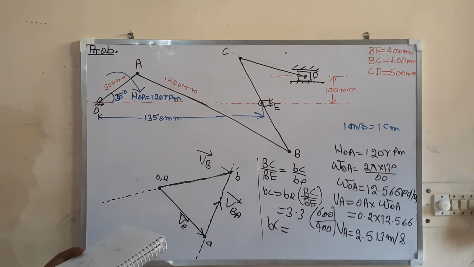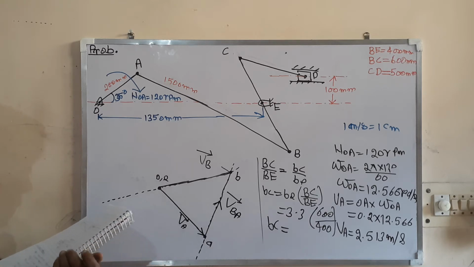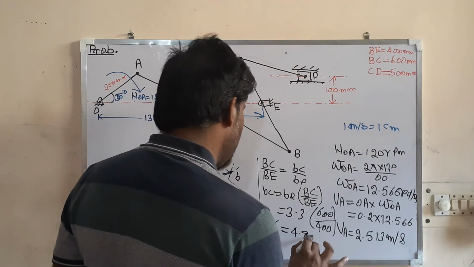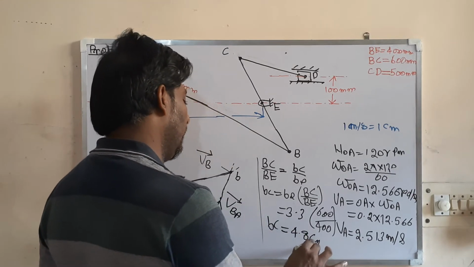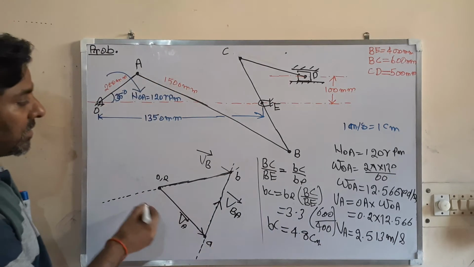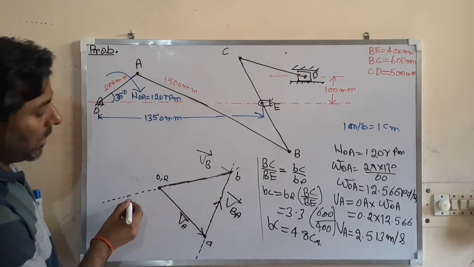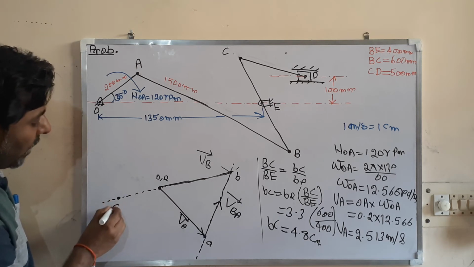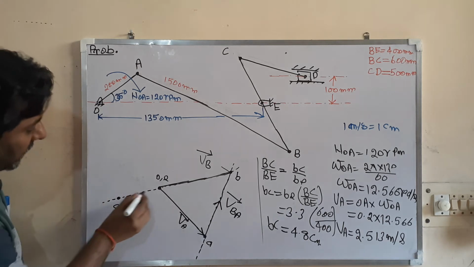So what you are getting, bc is equal to 4.8 centimeter. So from here you cut 4.8 centimeter. So you are getting this point c.